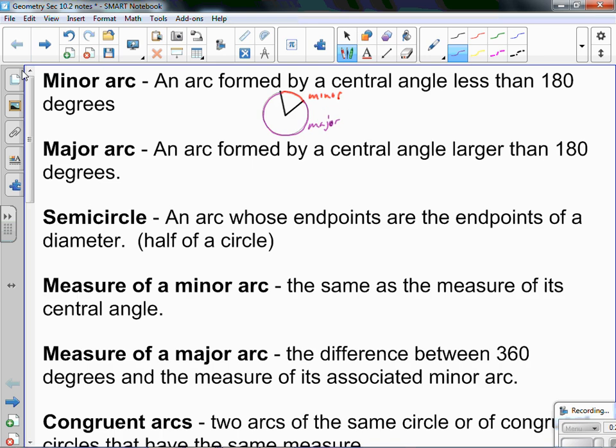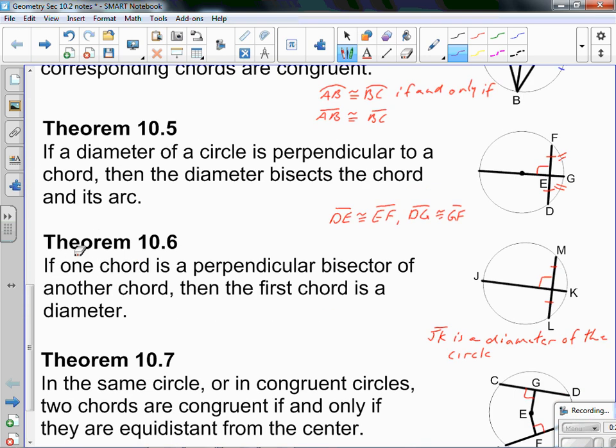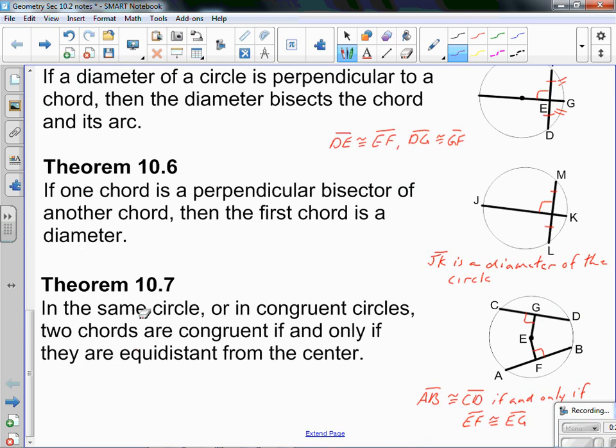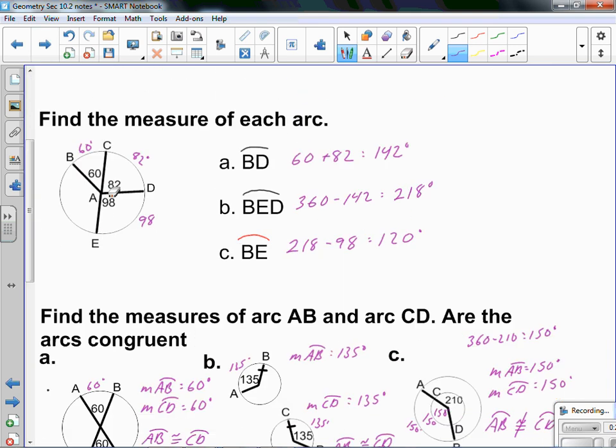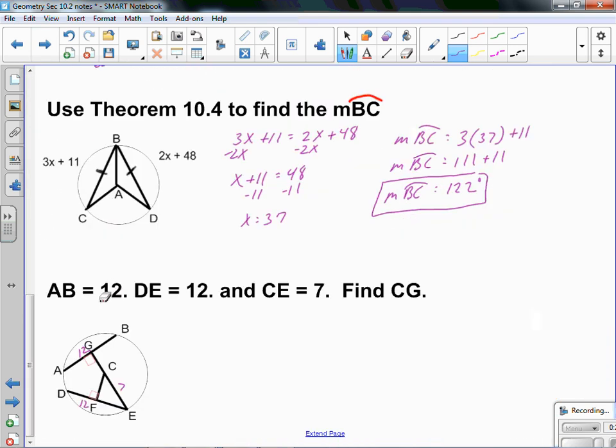So this kind of relates back to theorem 10.7 here that told us in the same circle or in congruent circles, two chords are congruent if and only if they are equidistant from the center. So if we have congruent chords, they have to be equidistant from the center, which tells us that the length of CF is going to be equal to the length of CG.